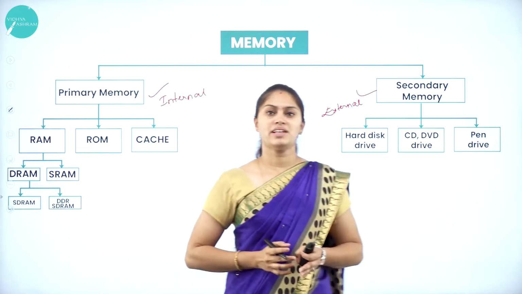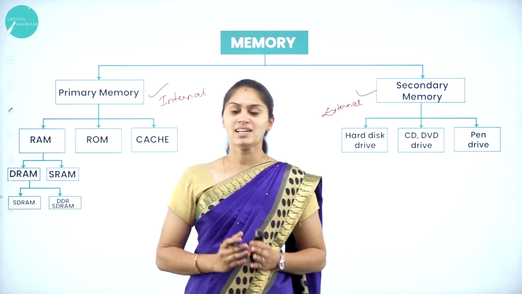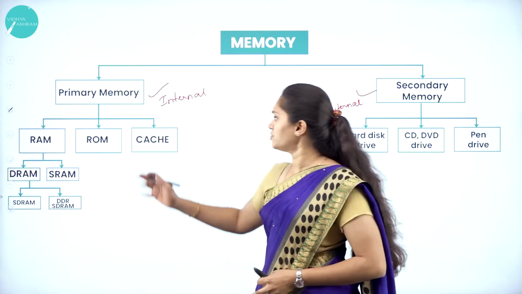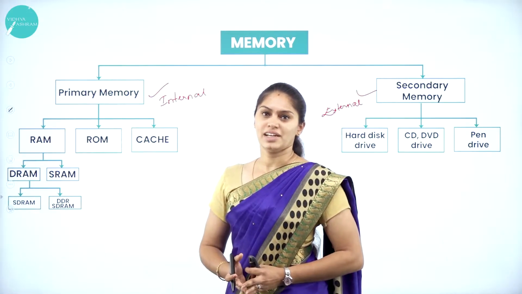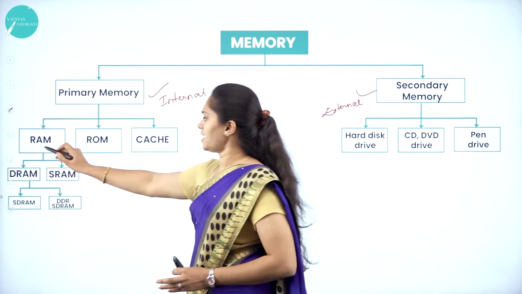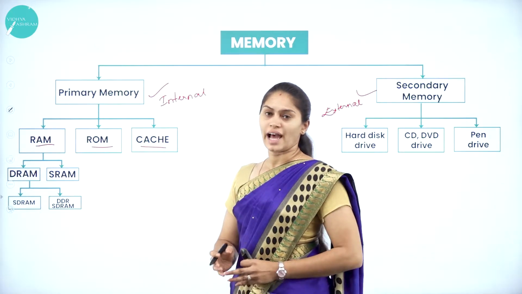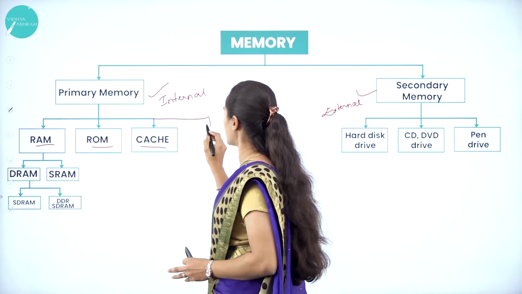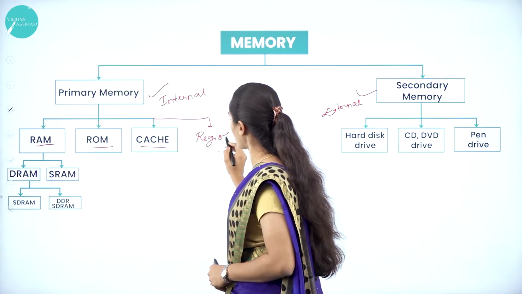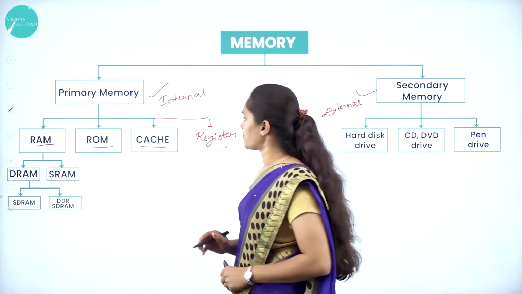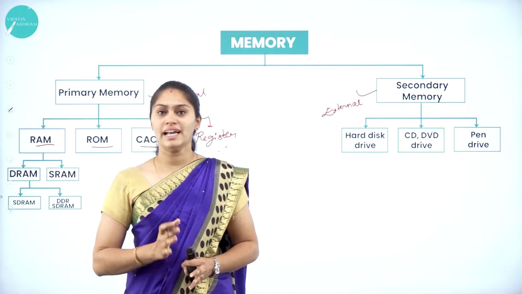This primary memory or internal memory is further classified into RAM, ROM and cache memory. Along with this we have registers. Registers are also one of the types of primary memory or internal memory.